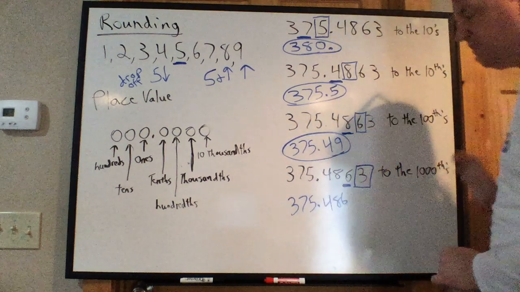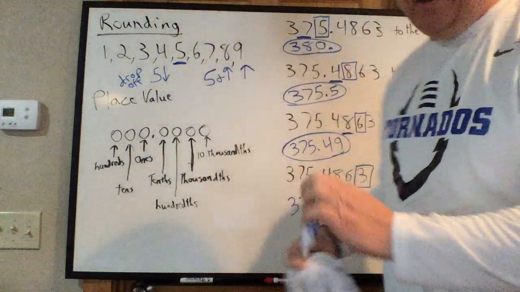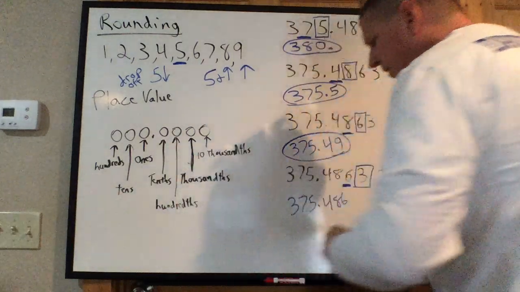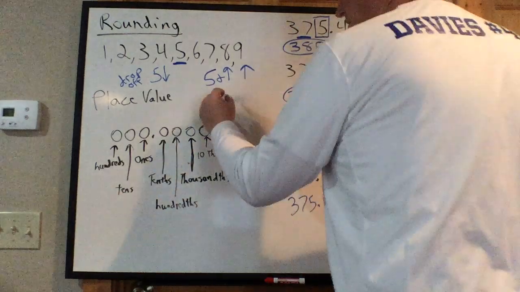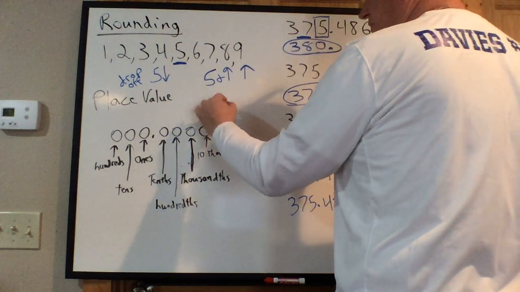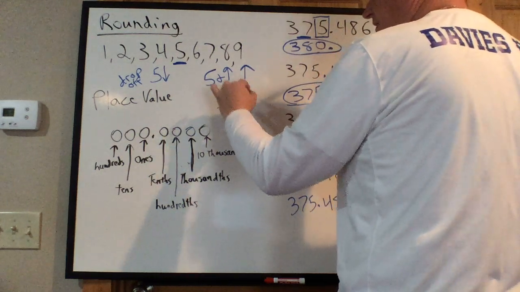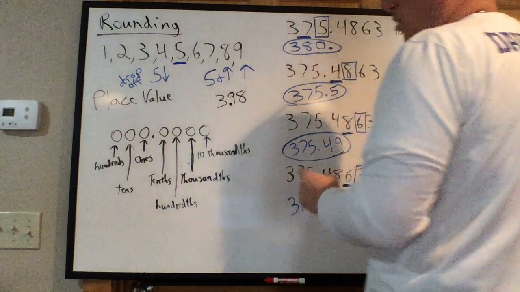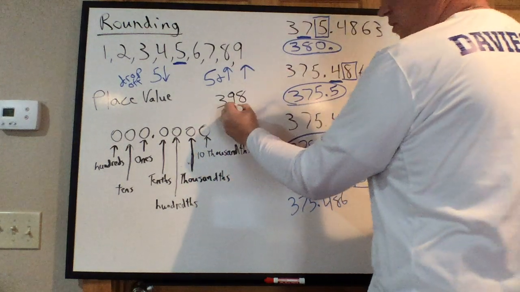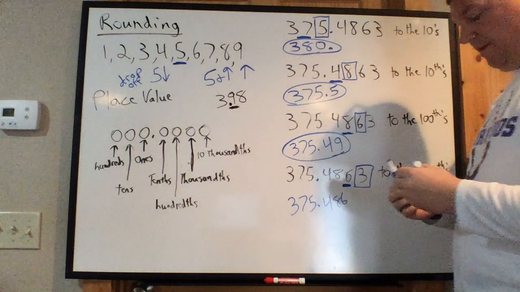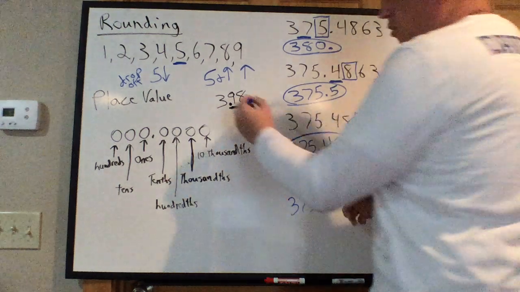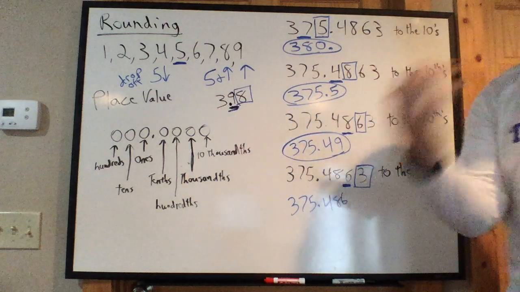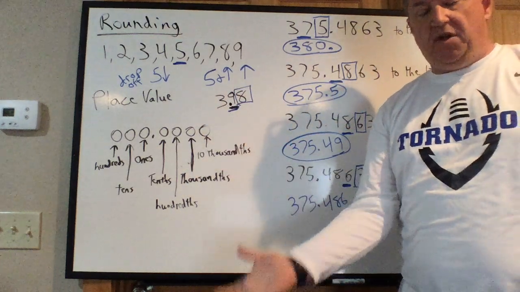That gives me 375.486. Now, I want to look at one additional example. Let me throw one additional number up here: 3.98, and we're going to round it to the nearest tenth. So here's my rounding place, and the number to its right is the one that matters. 8 is greater than 5, so it's going to take the 9 and round it up.